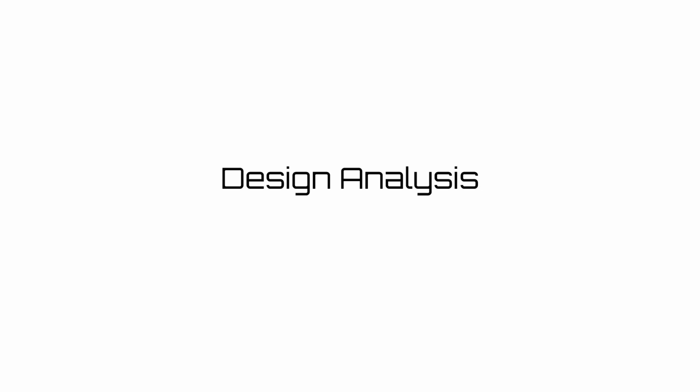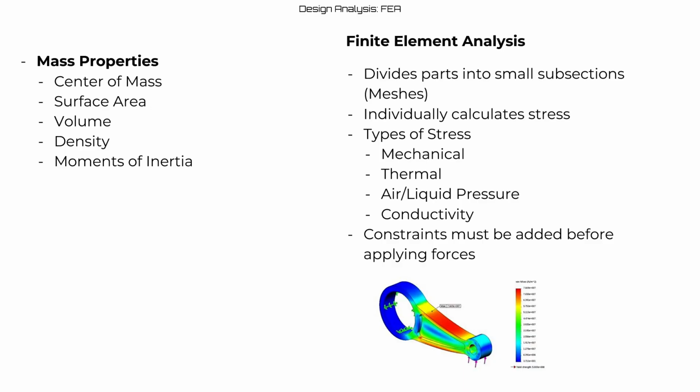All right, so we're going to move on to design analysis now. The two main things with design analysis are your properties of mass and FEA, or finite element analysis. Your mass properties are your center of mass, which is where your part would be perfectly balanced in 3D space.